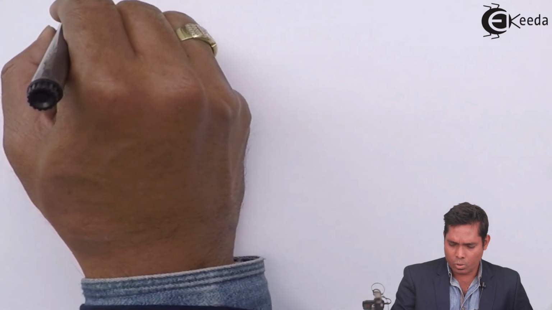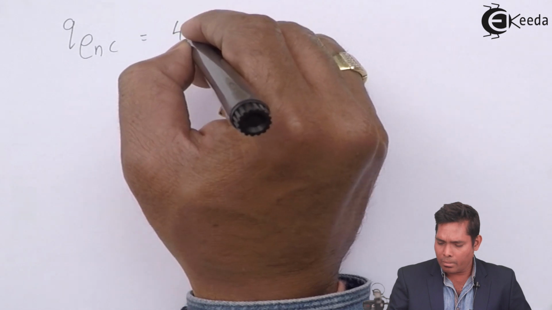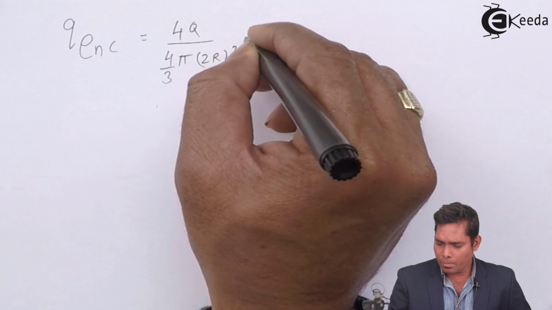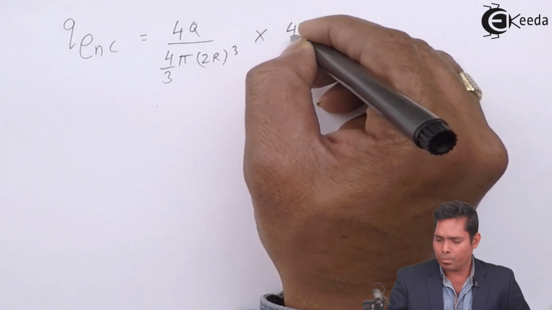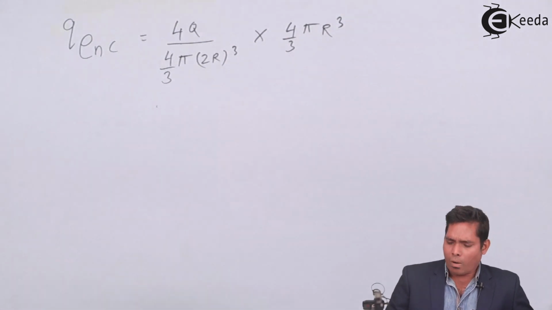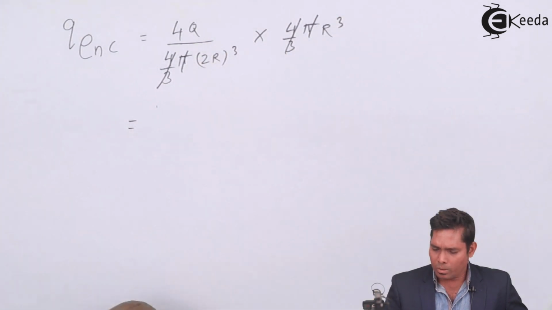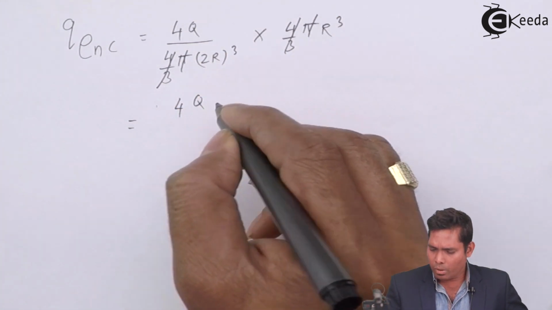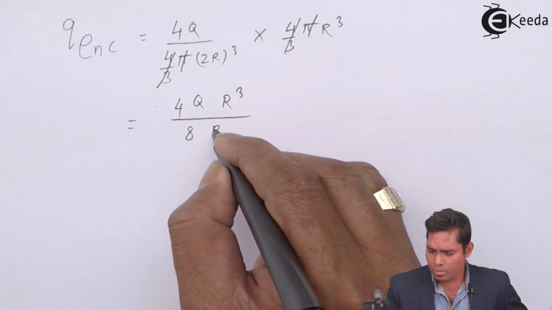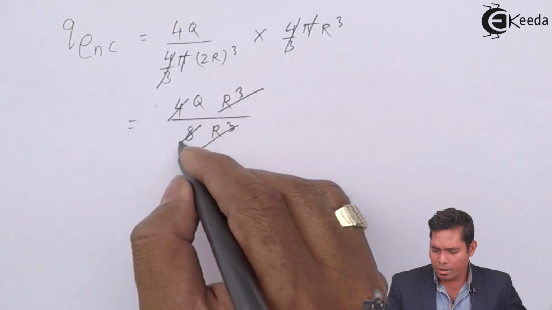The enclosed charge Q equals 4Q divided by 4 upon 3 pi (2r) cube, multiplied by the volume of the Gaussian sphere, that is 4 upon 3 pi small r cube. If you solve this, 4 by 3 pi will cancel out. This is 4Q, and here it is r cube divided by 8r cube. So r cube also cancels out, and here it is 2.